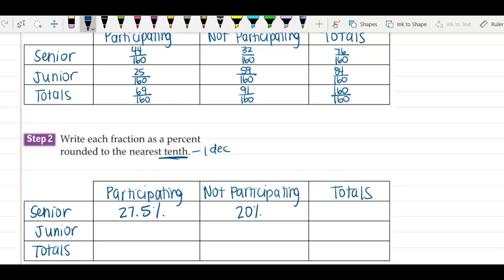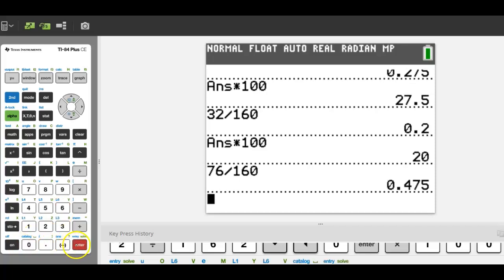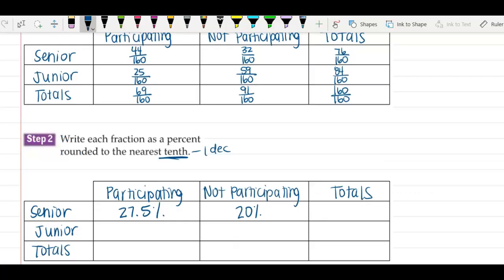If I keep moving to the right, 76 over 160 times 100 gives me 47.5%, which makes sense because if I add the 2 that I already did, 27.5 plus 20 gets to 47.5.